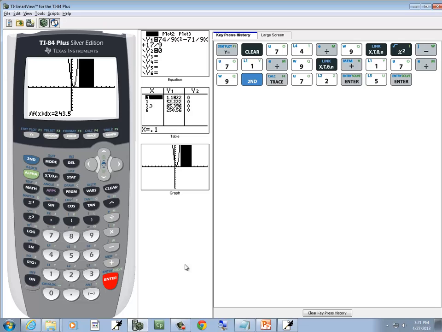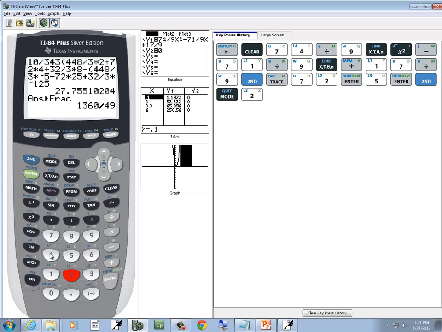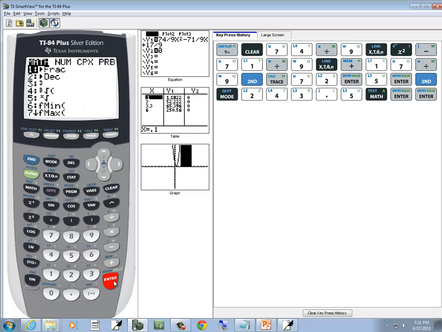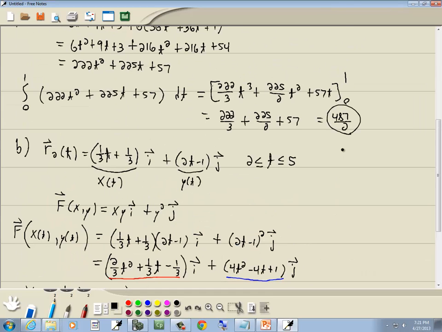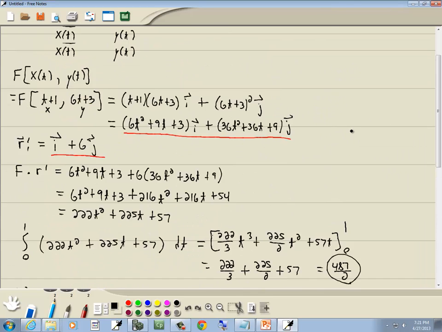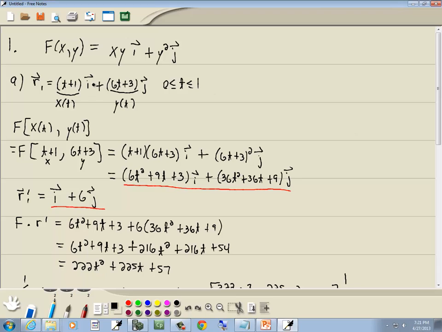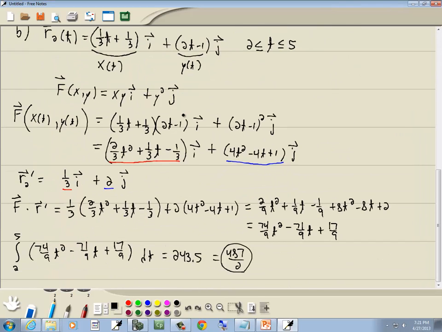I don't know of any good way of switching that to a fraction, but if I exit out and do 243.5, math, enter, I get 487/2. If we go up and compare, that's what we came up with here. So what they're trying to demonstrate is, if you remember the previous lesson, when we found different setups, it doesn't matter. It will still give you the same answer when you find the integral.